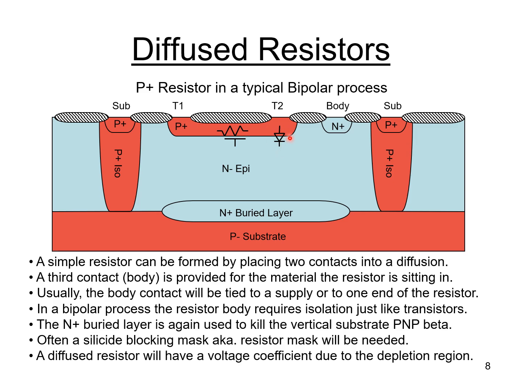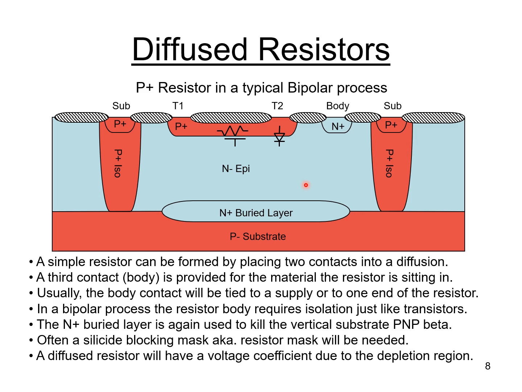So what you would normally do is take the body, and you don't want that diode ever forward biased. So you take the body and tie it, in this case, to a very high voltage, say the highest voltage on the chip, or you could tie it to one end of the resistor if the resistor is being used in a DC manner where one end of the resistor will always be at a higher voltage than the other end of the resistor.